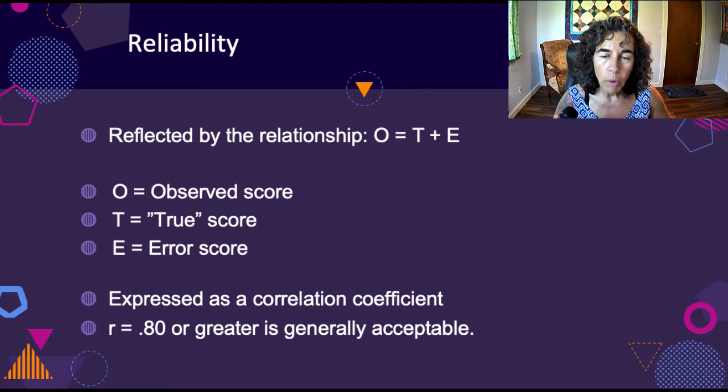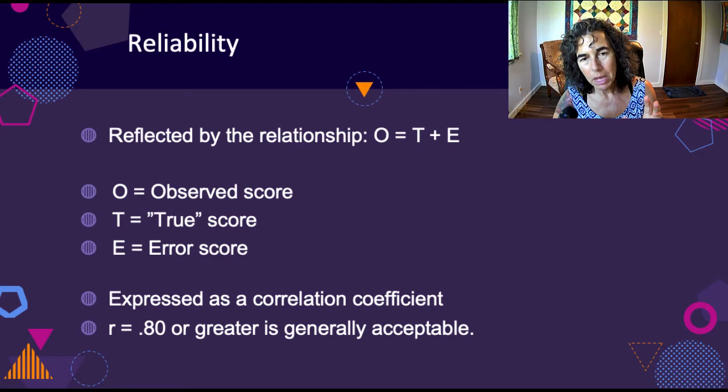So when we have this reliability relationship, the true score plus the error score is what we wind up with, because there's always the chance that some other factor that we didn't account for came into the testing, right? So we use this equation and it includes a margin of error.